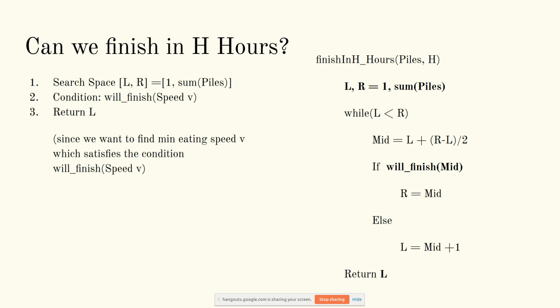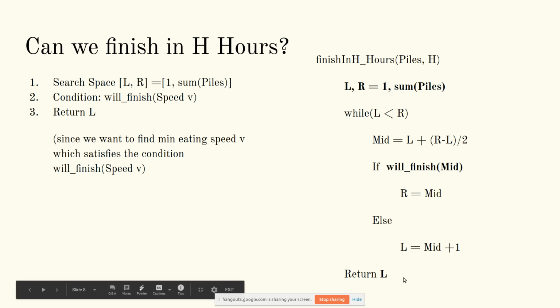So which is a feasible value, so we return L. And the rest of the code is just from the template. To be more familiarized with the template, I request you to look at the first session. So as usual, the first step includes updating the first line, and the second condition is used on midpoint, and the last return statement is here.